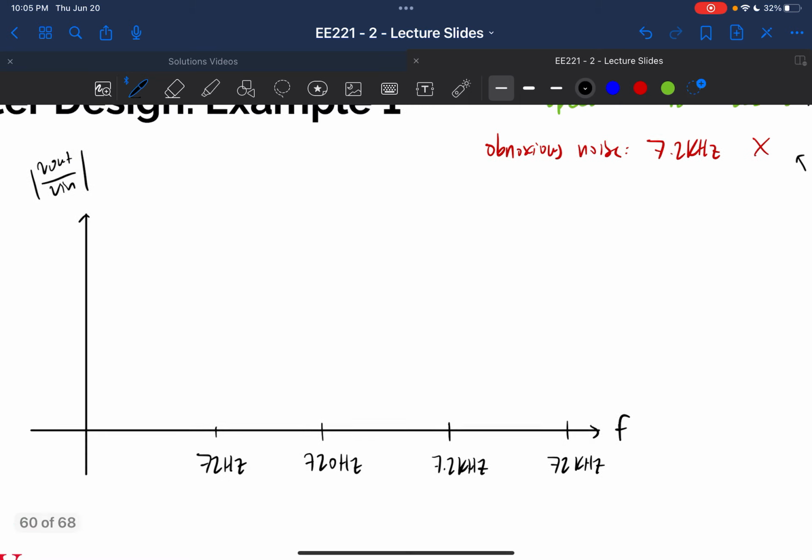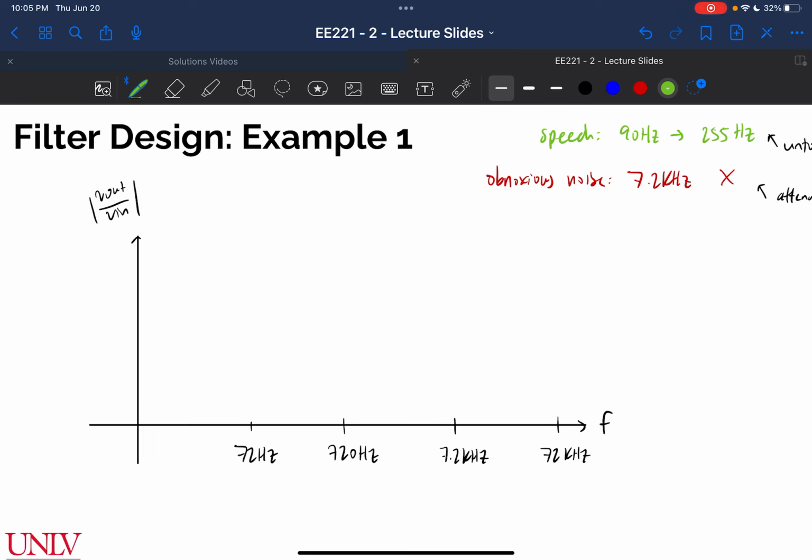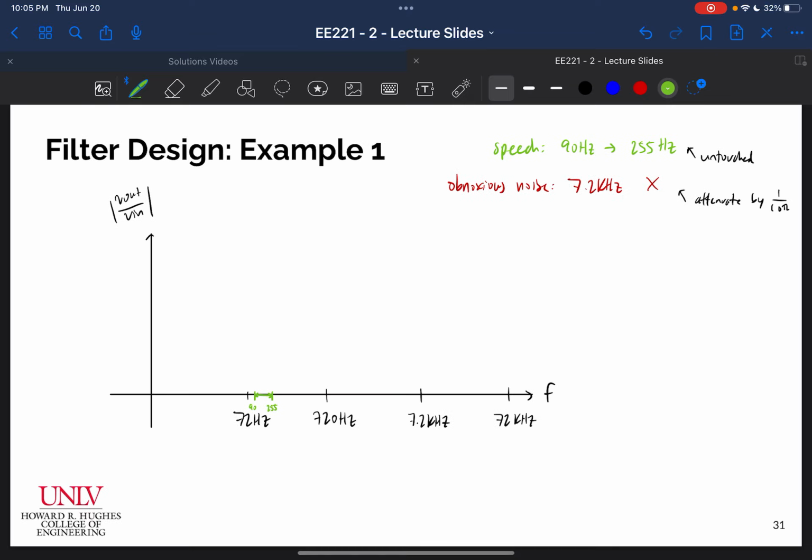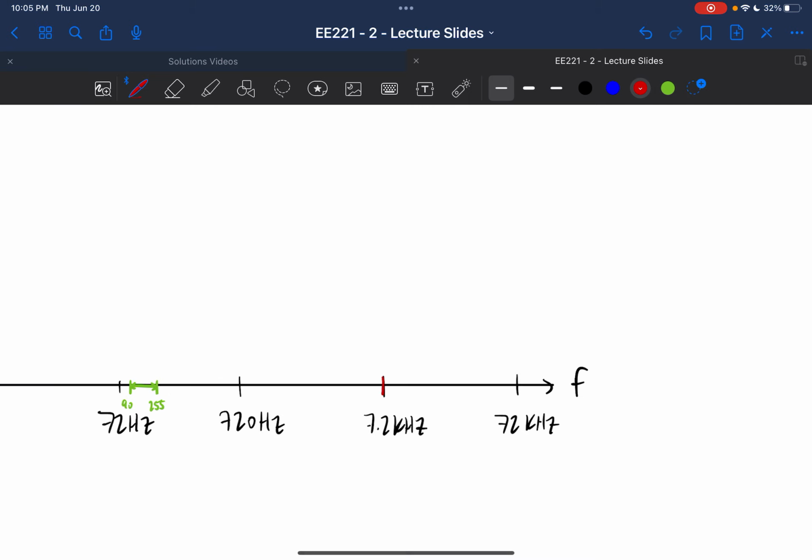And so where is the range of the speech that we're interested in? It's at 90 to 255 hertz. So that would be right in this range. That's the speech that we're interested in. This might be 90 and this might be 255. And then the bad noise that we're trying to get rid of is right here at 7.2 kilohertz.